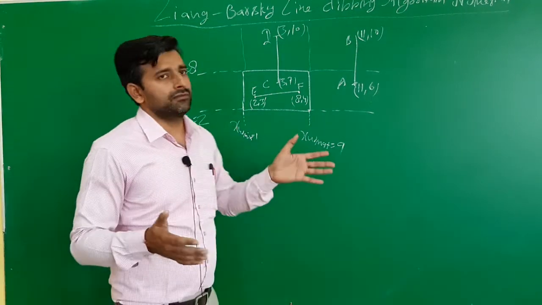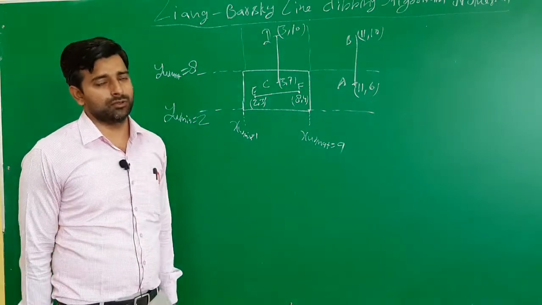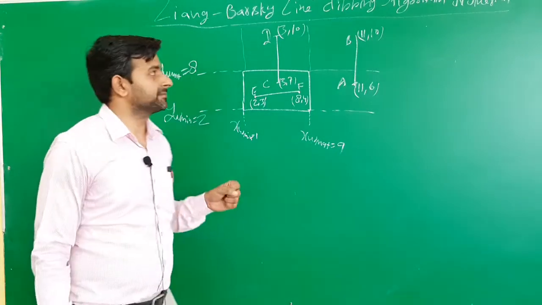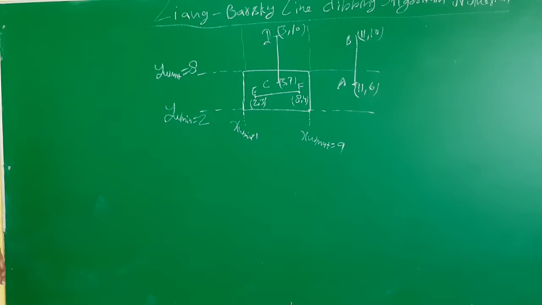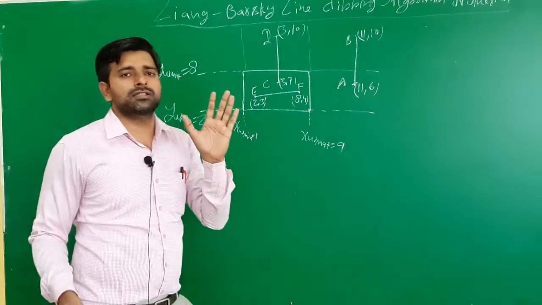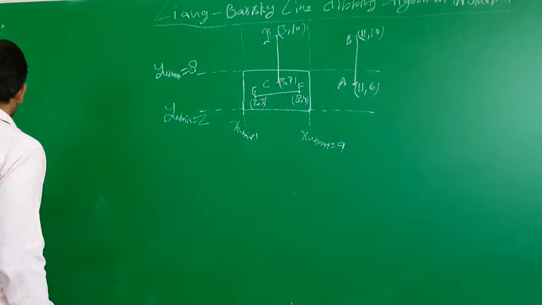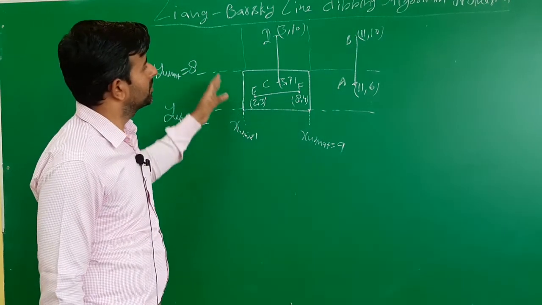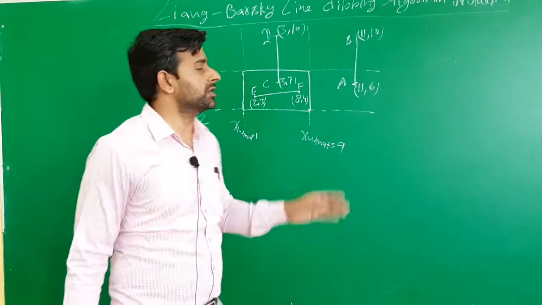In this lecture we will see and calculate the numerical values only. As you know, in the Liang-Barsky line clipping algorithm we have to find 12 values for each line.